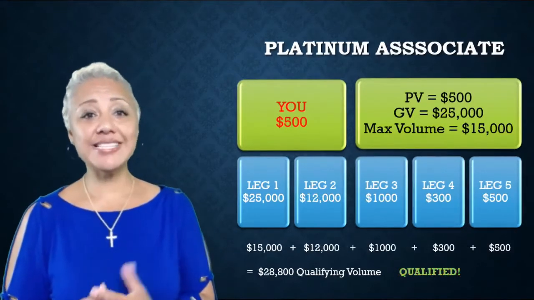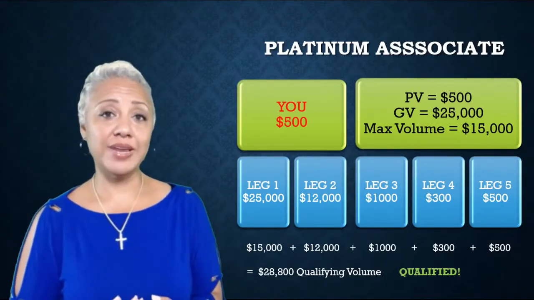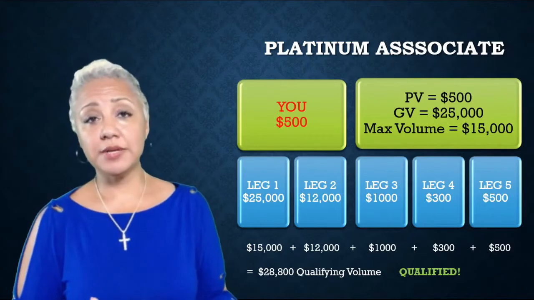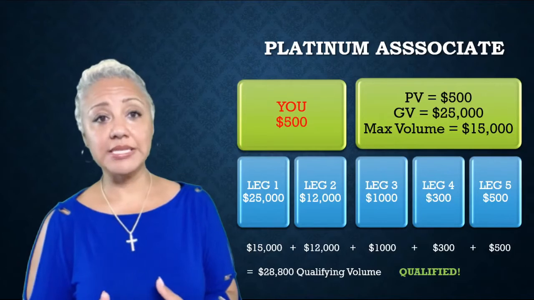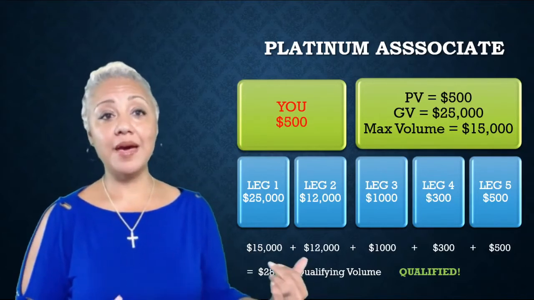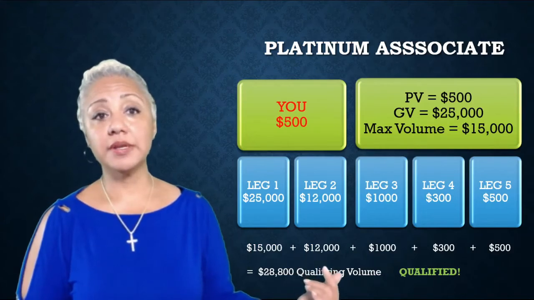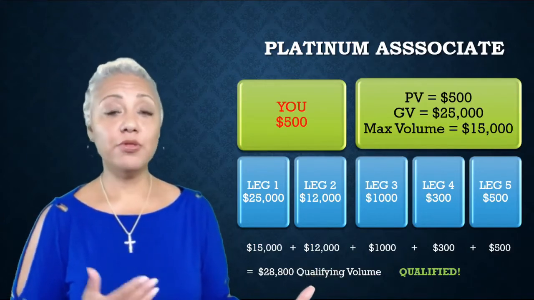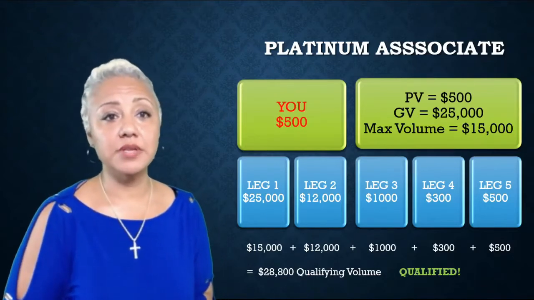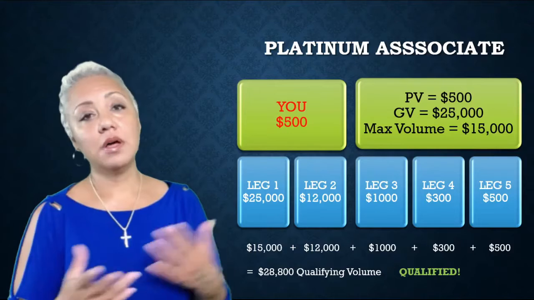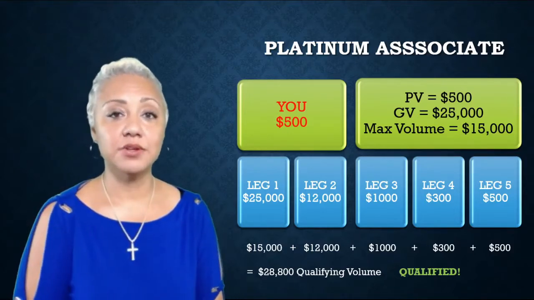However, if you take the same scenario and distribute the volume more evenly, let's say leg 1 still has 25,000, but leg 2 has 12,000, everything else remaining the same, you now have math that adds up to 25,000 or more, because leg 1 has 15,000 attributed and leg 2 has 12,000. That alone is 27,000, and along with the balance of the other legs, adds onto the volume needed to qualify.